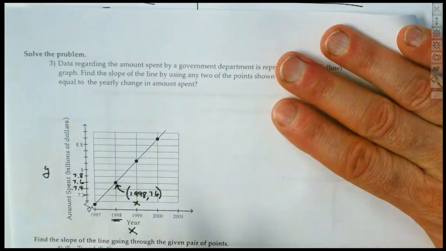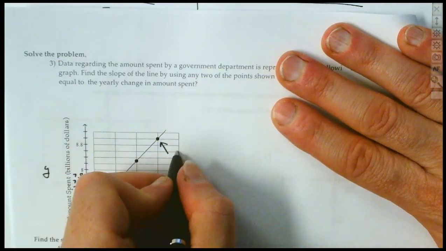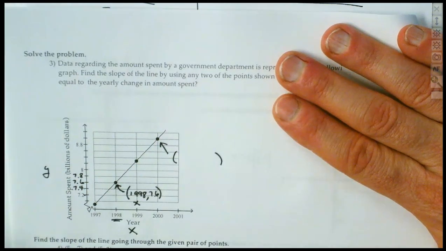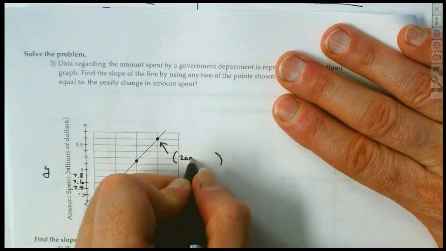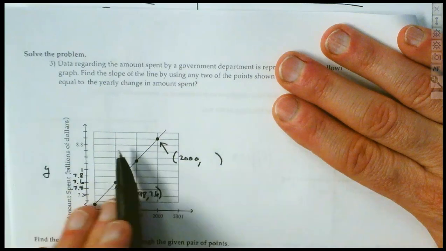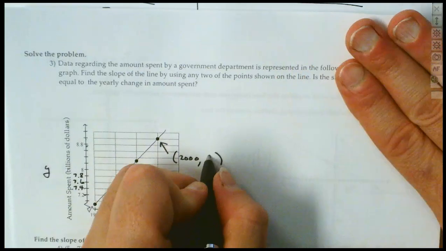Now we need 2 points, so this one's going to be easy to get right here. So let's get that one. What would that one be as an ordered pair? That one as an ordered pair would be at 2,000. And what's its value? Well, if that's 8.8, the next one up is 9.